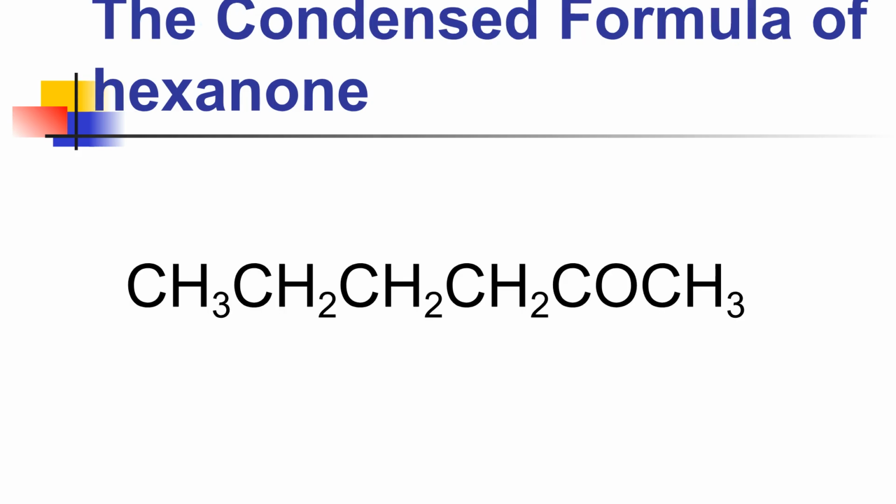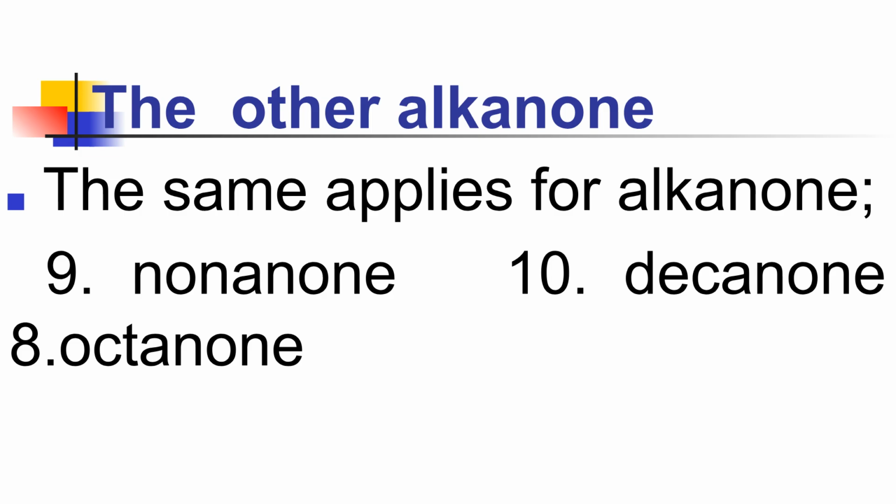This slide illustrates the molecular structure of hexanone. The condensed formula for hexanone is CH3CH2CH2CH2COCH3. The same principles apply for other alkanones, including heptanone, octanone, nonanone, and decanone.